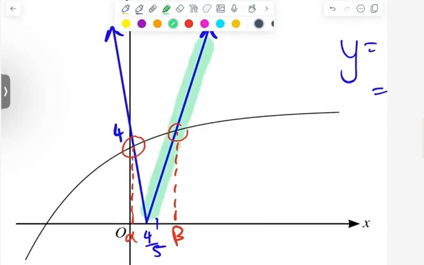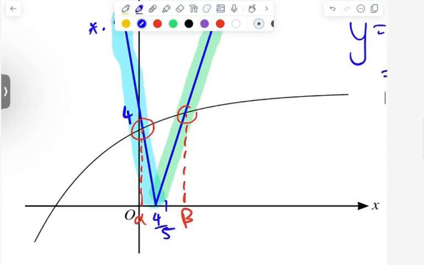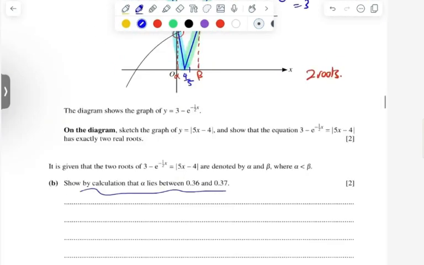That's your positive gradient going in that direction, and in this case, you've got the negative gradient going in the other direction. So which arm does the curve intersect with the mod function to give me alpha? And you see that it's the left arm with the negative gradient.